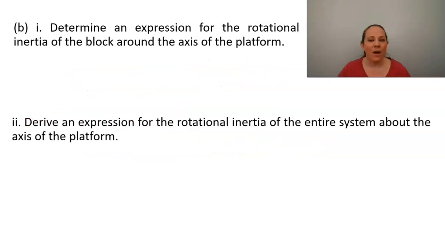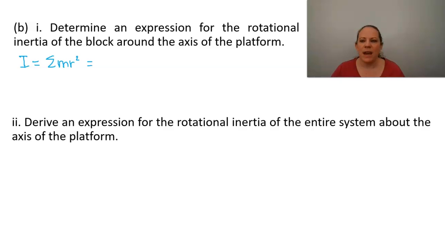Part B1, determine an expression for the rotational inertia of the block around the axis of the platform. For this part, we're going to need to remember the relationship for the rotational inertia of a discrete particle, or a collection of particles, which is the sum of m times r squared.